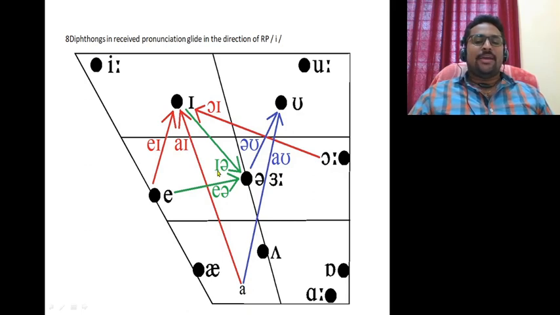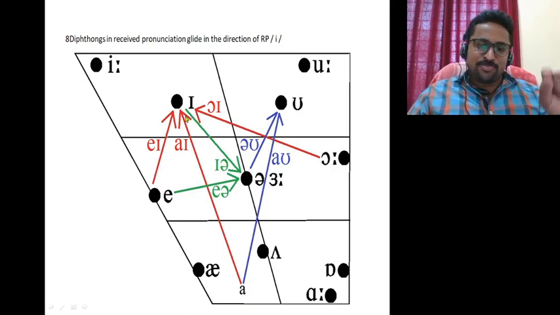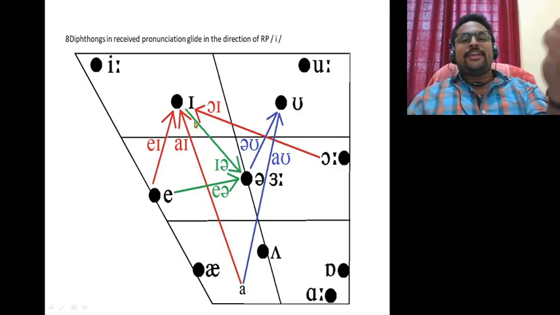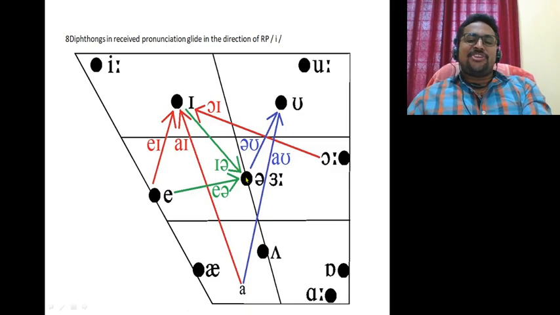Dear, D-E-A-R, dear. We are getting two vowel sounds. The sound is beginning at the place of E, but it is gliding in the direction of A. Here it is ending. The sound begins at the place of E, but the sound is ending at the place of A. Right?